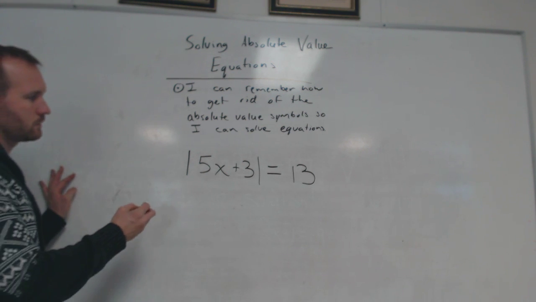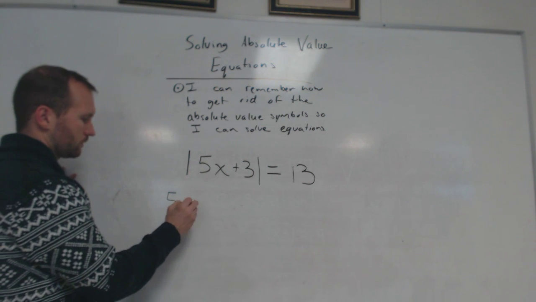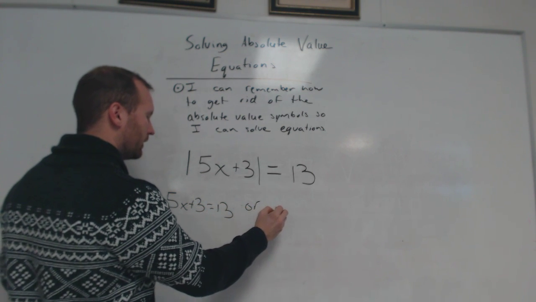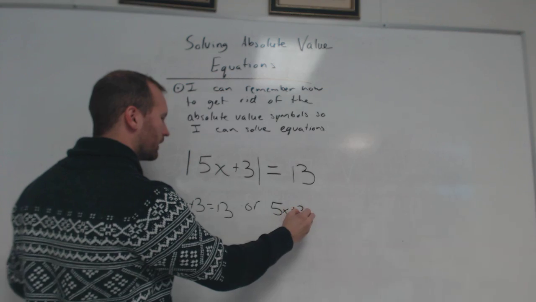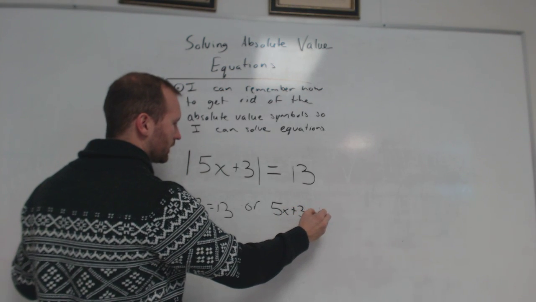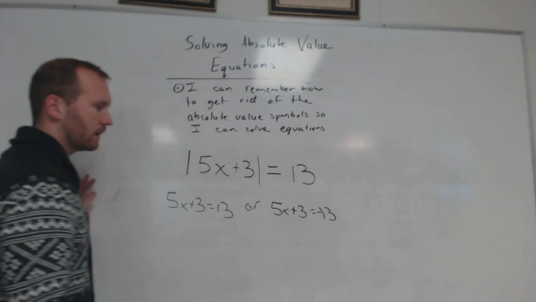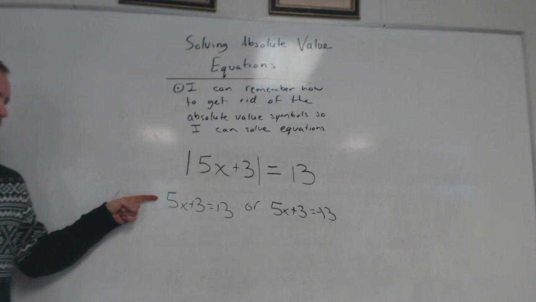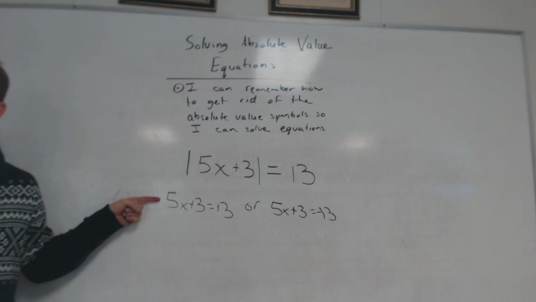To make 5x plus 3 equals 13, and 5x plus 3 equals negative 13. Excellent. I know that this 5x plus 3 has to either be 13 or negative 13. Beautiful.